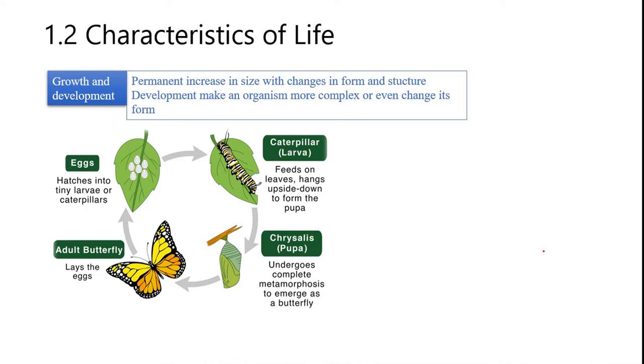Development means the organism will become more and more complex. The size of the egg is smaller than the size of the caterpillar. The size of the pupa is bigger than the caterpillar. The size of the butterfly is bigger than the pupa.